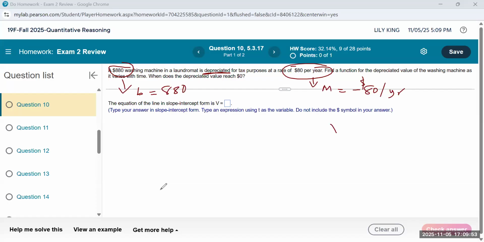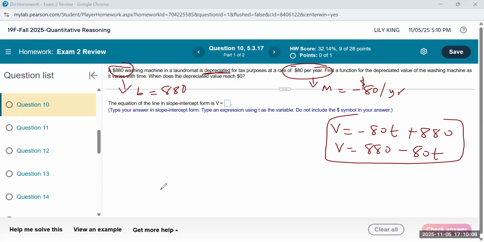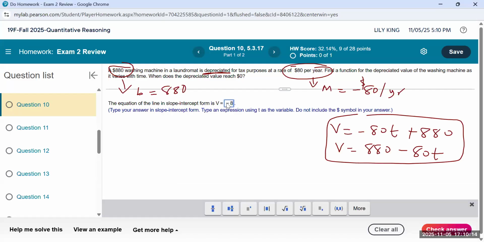So your equation is v equals -80t plus 880. You can also write this as 880 minus 80t. These two equations are right. And we have v equals negative 80t plus 880.